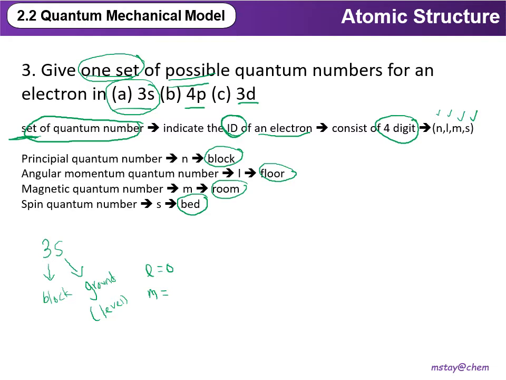So again, there is only one room at the ground floor, which means we can have a maximum of 2 electrons. One is positive half and the other is negative half.